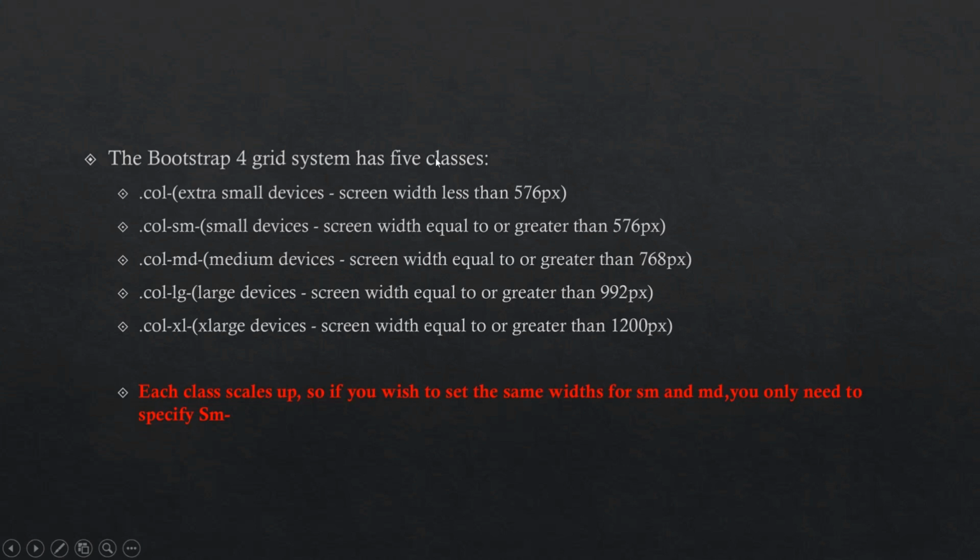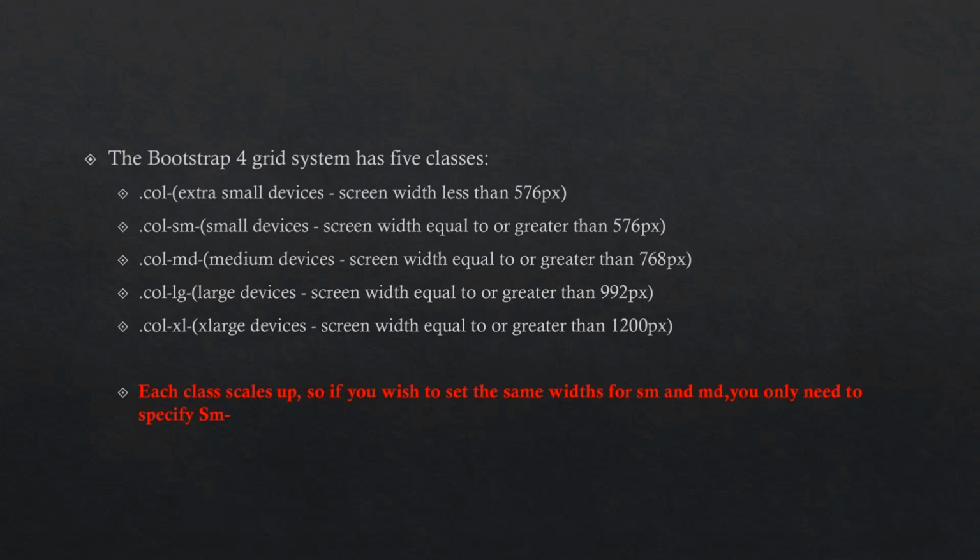Obviously all the pixel widths are also given here, but there is no need to be confused about all these classes, because if you use sm, it will automatically scale up for all the devices. Suppose you use col-sm, then obviously for all the larger devices it will scale up. I'll show in the example how to use all those classes in our coding.